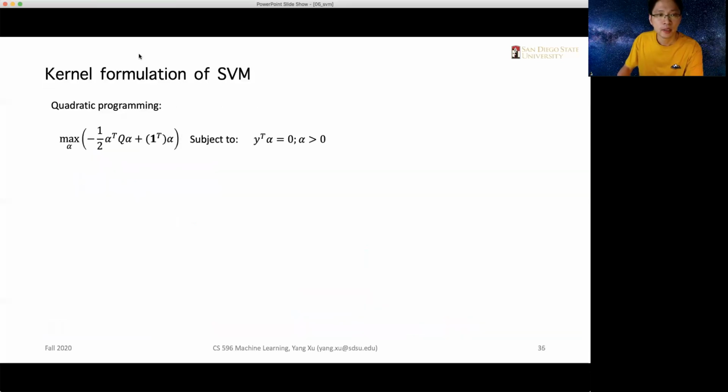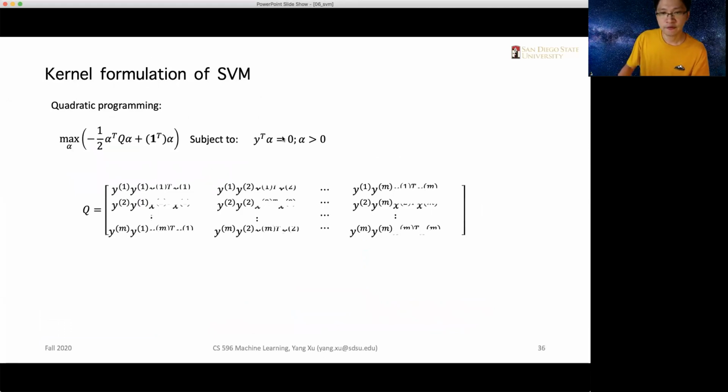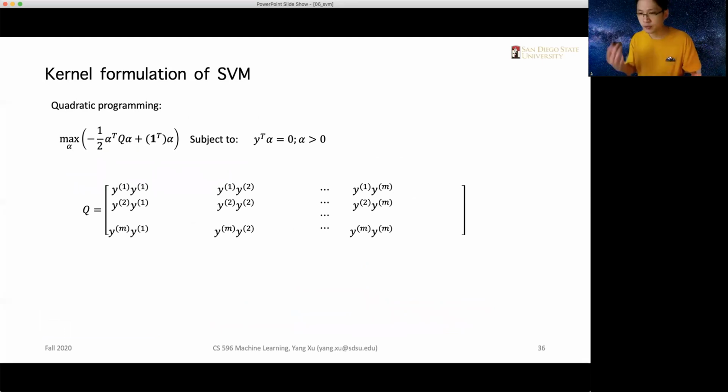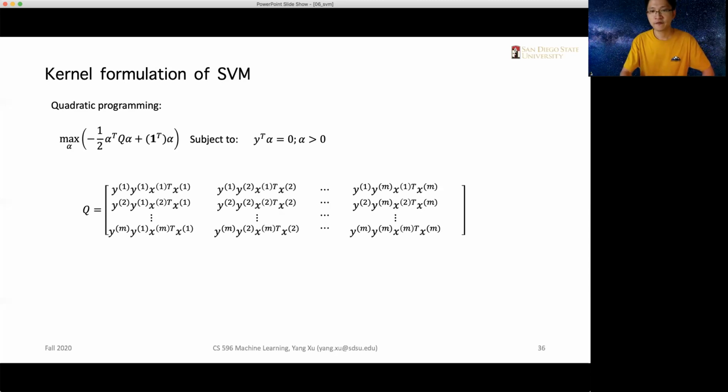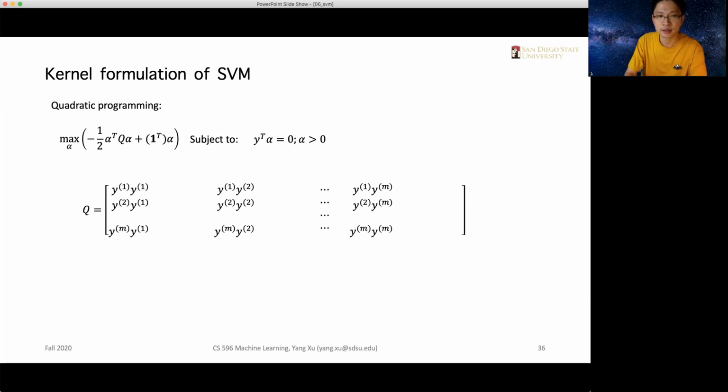Okay, so I think I will finish this slide. So going back to the problem of solving the SVM's target function, which is to maximize this quadratic term subject to the condition. Previously, we have the x, it's in X space, right? Now, after we use the kernel to convert X to Z, we will have something like this.